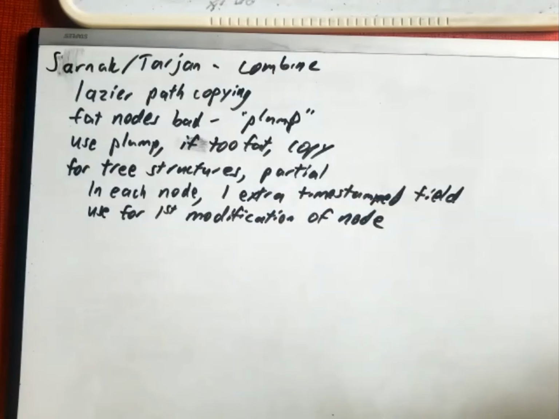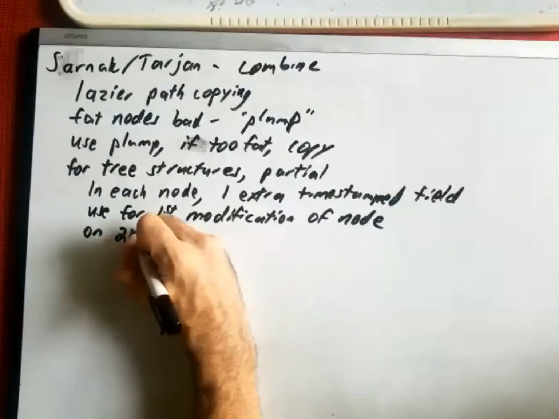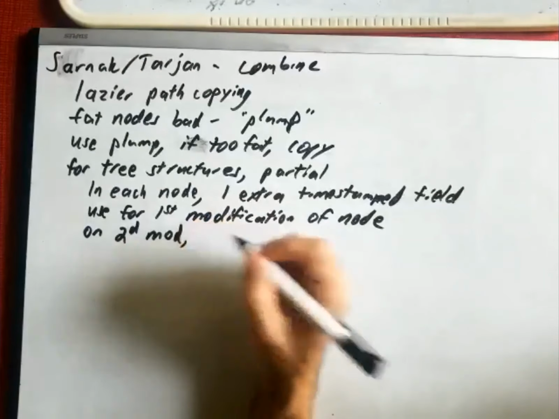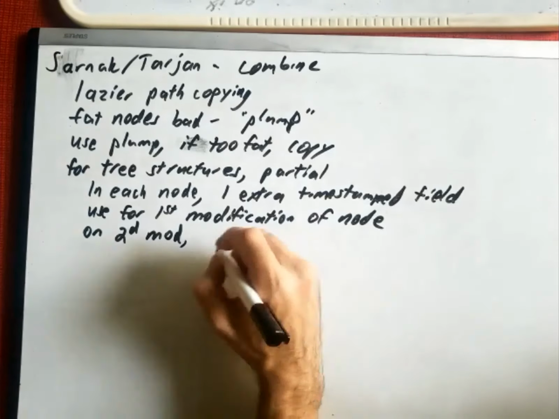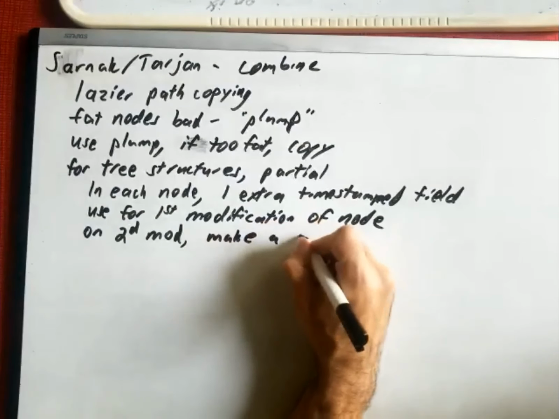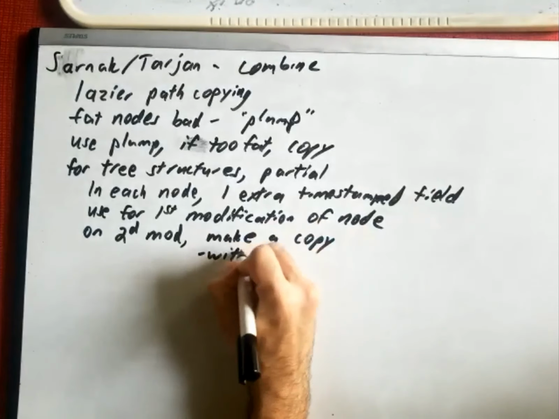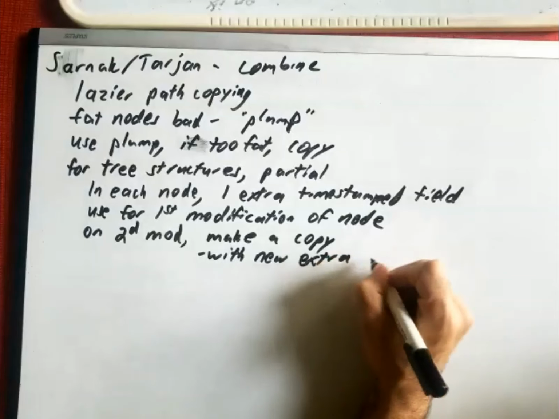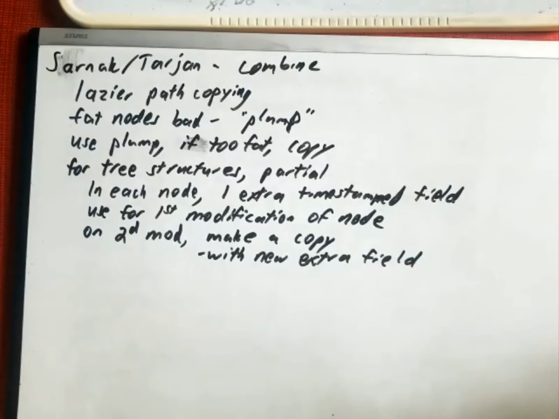Okay. On the second modification, since there is no available field to store that modification, we will make a copy. And notice that that copy will have a new extra field. Okay.